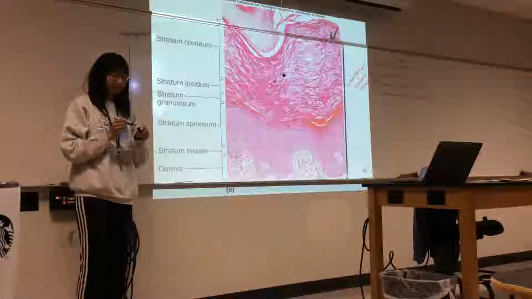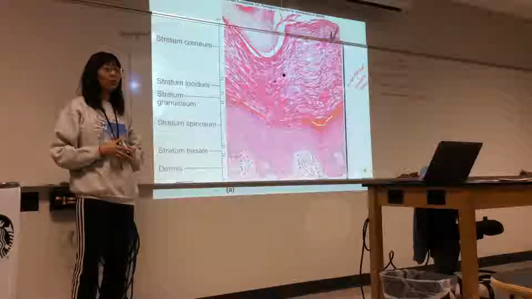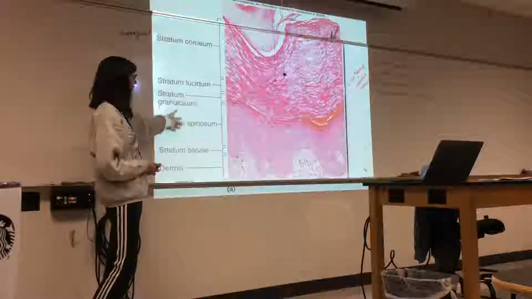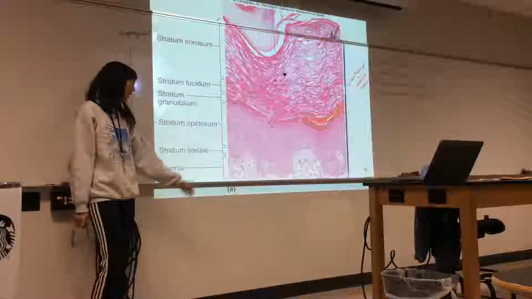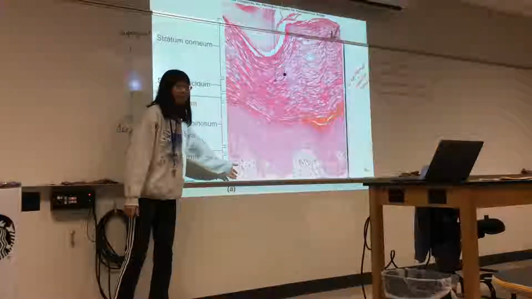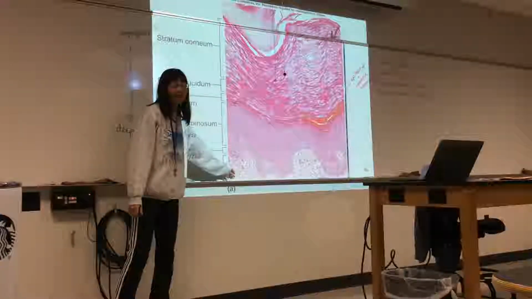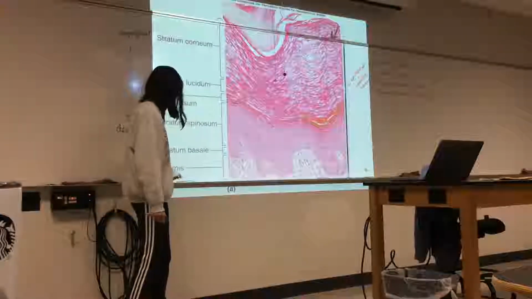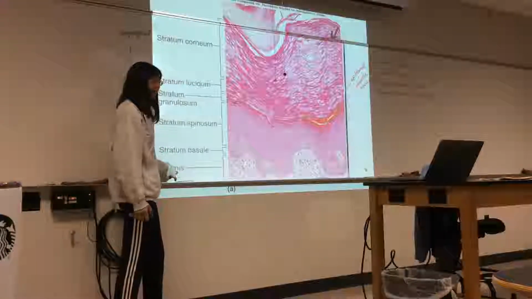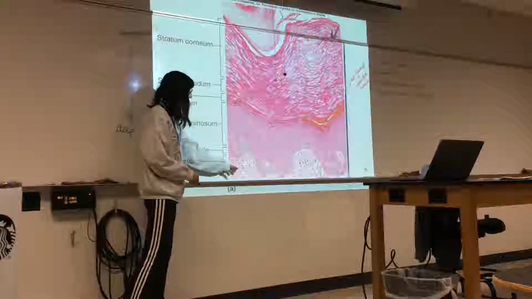Make sense? So, can I ask you to rank superficial to deep? Yeah, so here they are, listed for you. And then even beyond, right? Did we talk about down here as well? So what comes after basale? It would be the dermis, right? But what specifically is this area of the dermis called?